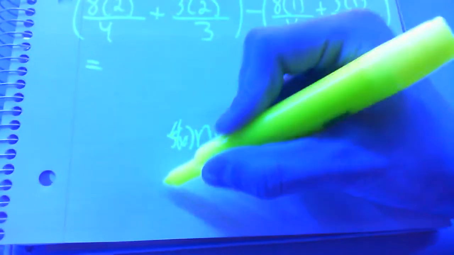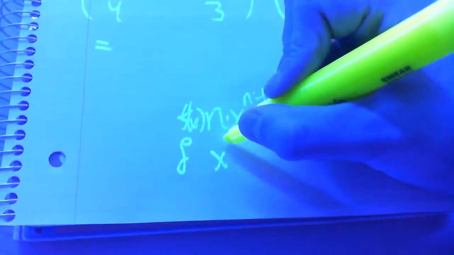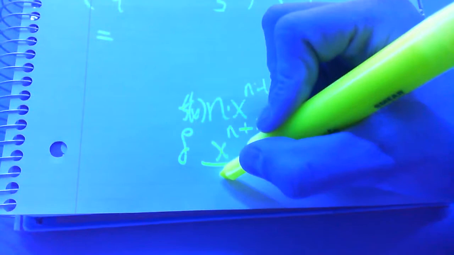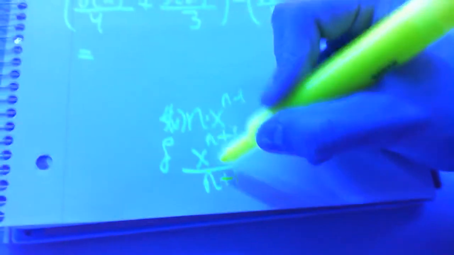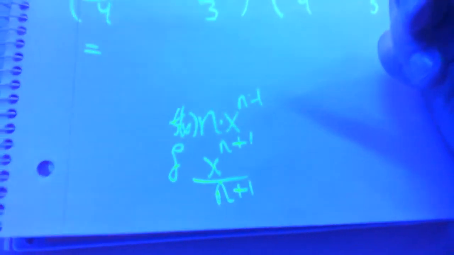So to make sense of that, we would instead be doing the opposite. Where we subtracted 1, we will add 1. Where we multiplied by n, we will divide by n, and actually by n plus 1 to account for that. And so that's where I pulled these sets up here from.